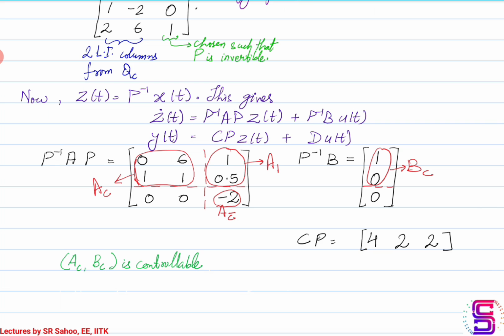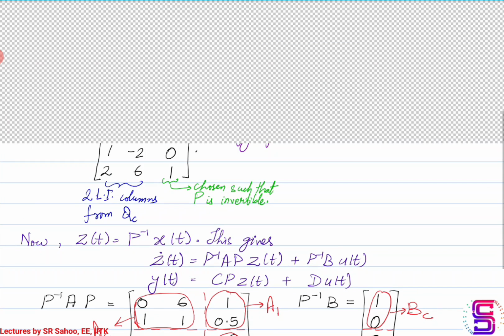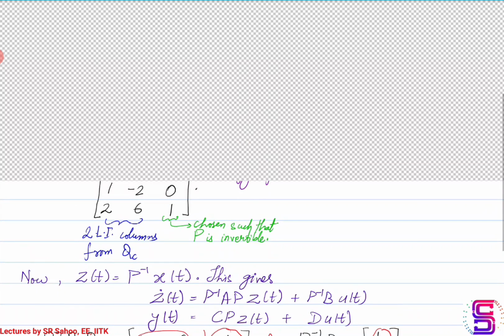So what we have here is that AC, BC is controllable, and the real part of the eigenvalues of AC bar, in this case the only eigenvalue being -2, is less than 0. Since these two are satisfied, after canonical decomposition AC, BC is always controllable.